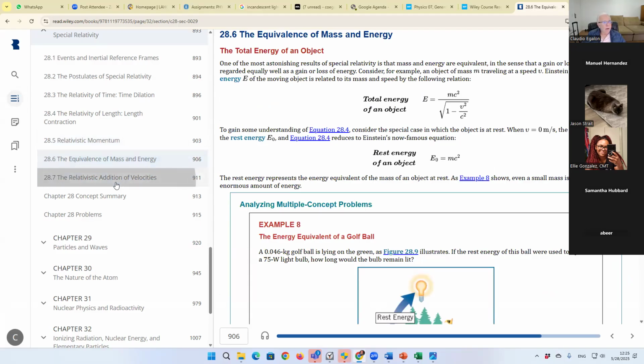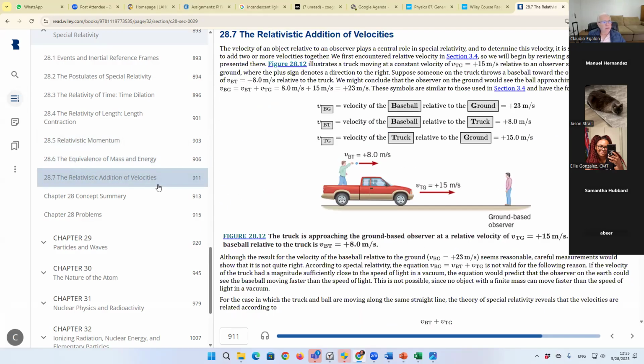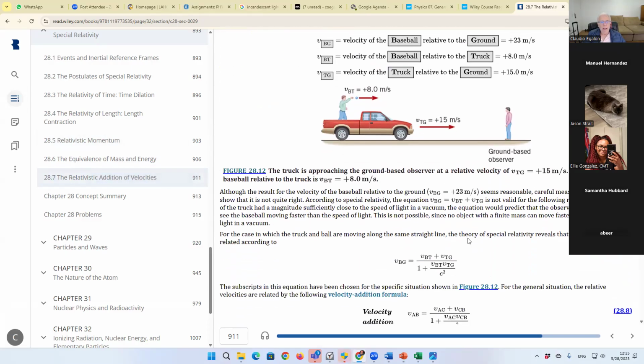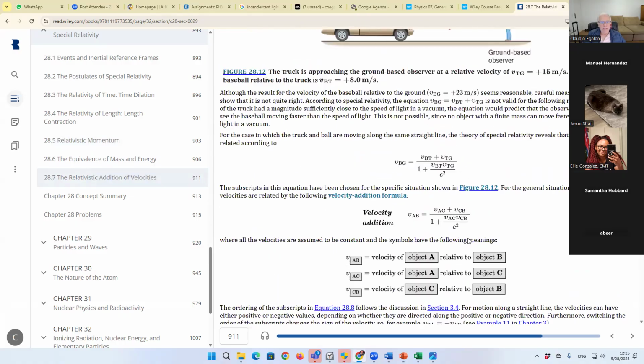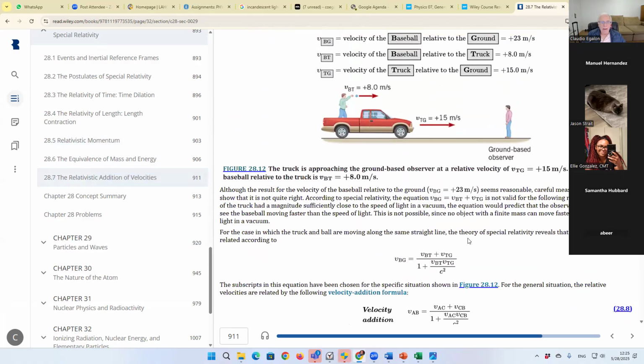And now we're going to look at the relativistic addition of velocities, not addition of motion, addition of velocities. That's an important difference between Newtonian mechanics and relativity.